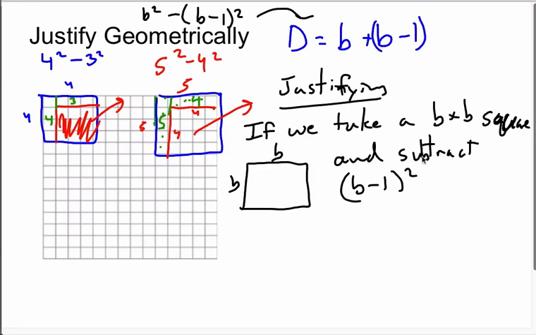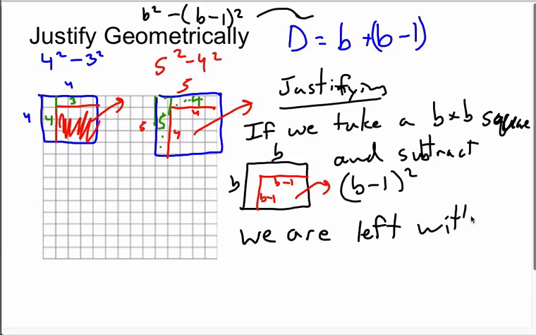When we subtract b minus 1 squared, so let's draw on the b minus 1 squared. Okay, when we subtract that, we are left with this. We're left with two little rectangles. We're left with this rectangle and this rectangle here. Okay, let me actually shade that in green, do some color coding. So we're left with two little rectangles, and what are the sizes of those rectangles?